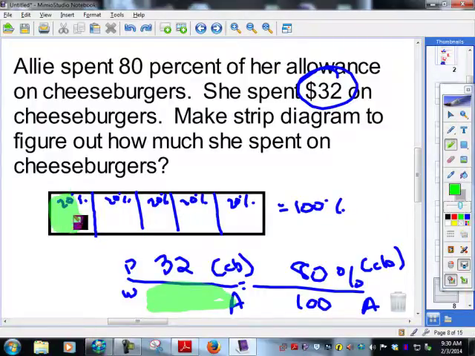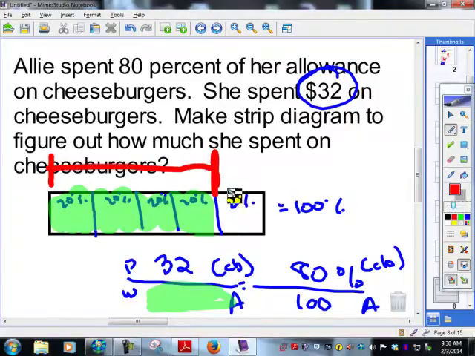Okay, see what this is right here, the shaded area, that's 80%, right? How much money is in that section right there? $32, because I was only given a part. I was only given the 80%. So now I take that $32 and I got to divide it into how many groups? 4. And that's where you get $8 in each group.